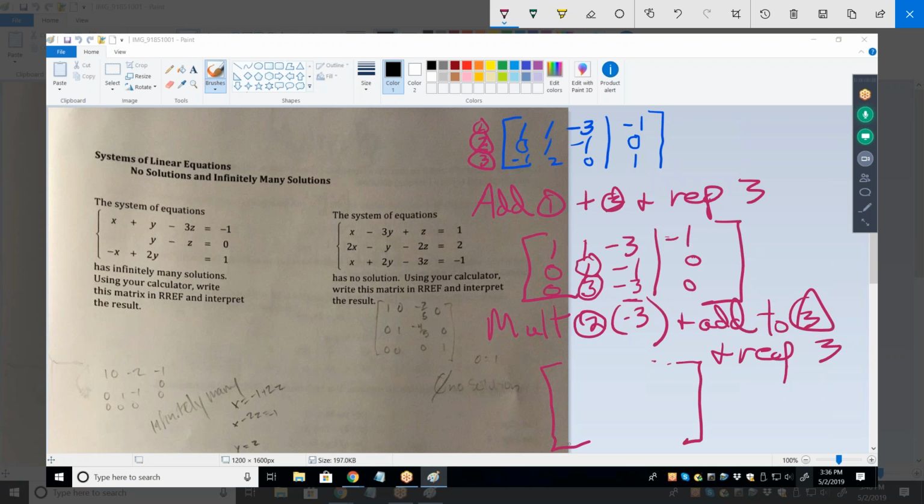I'm multiplying row 2 times -3 and adding it to row 3, so row 1 isn't going to change, right? So let's get that out of the way. Row 2 isn't going to change. I'm not doing anything to row 2. I am multiplying row 2 by -3, but I'm going to add it to row 3 and then replace row 3. So row 2 stays the same.